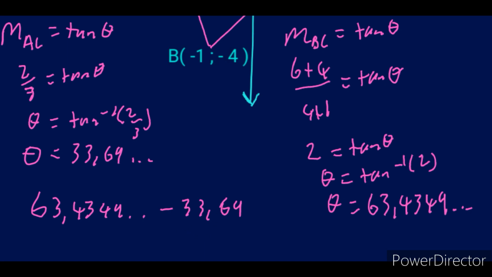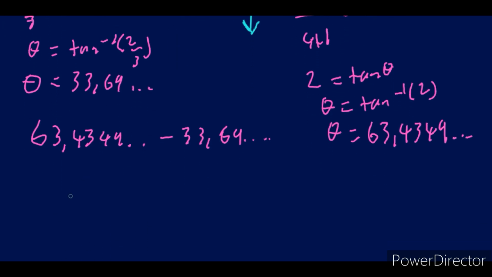So let's figure out what that will give us. I didn't write down all the decimal places, so make sure you don't round off on the final answer. And that should give us 29.74. Yep, and that's the answer.